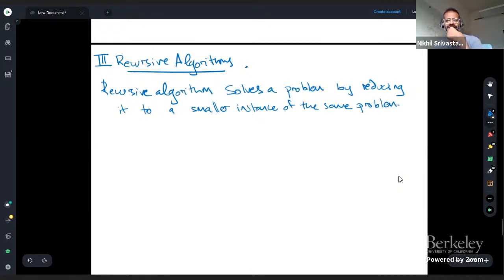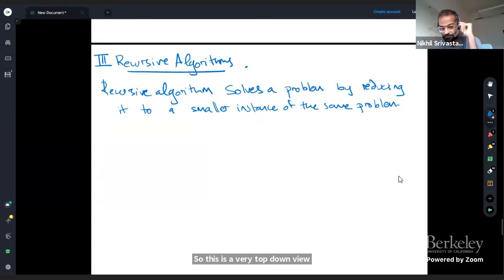Okay, so this is a very top-down view of describing what a recursive algorithm is.